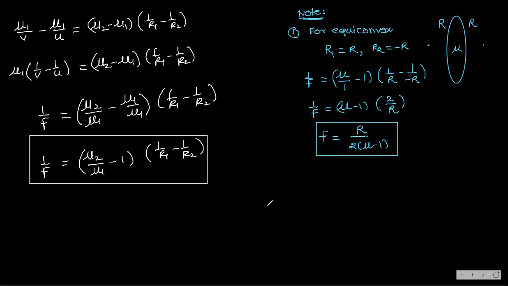Next one. Understood? Okay. Next one you see. Suppose now a plano convex lens is there. Second note point, plano convex lens. Plano convex means you have one side curved and another side plane.